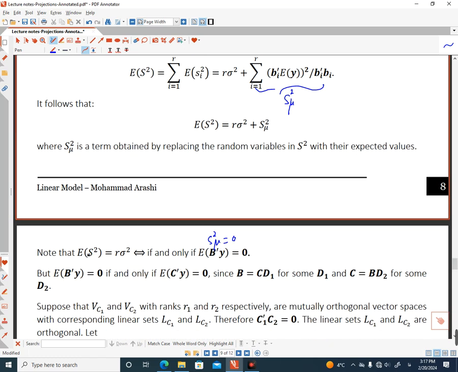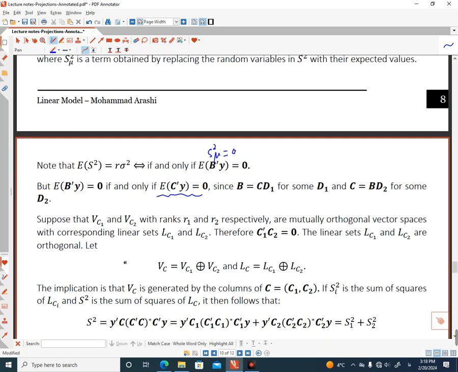But this happens if and only if the expected value of C prime Y is equal to 0, because there is a relation between B and C, which you can remember from the first video. So if it happens, then the expected value of S squared is equal to R sigma squared.